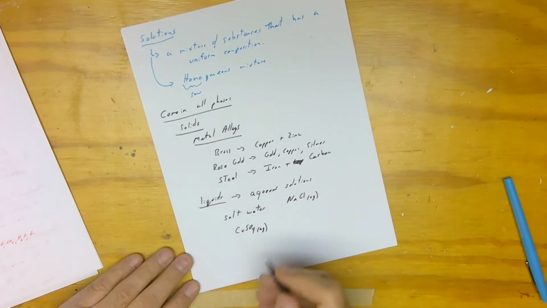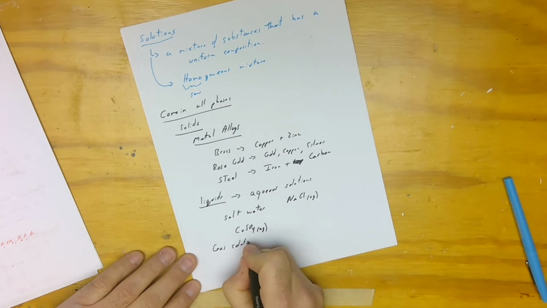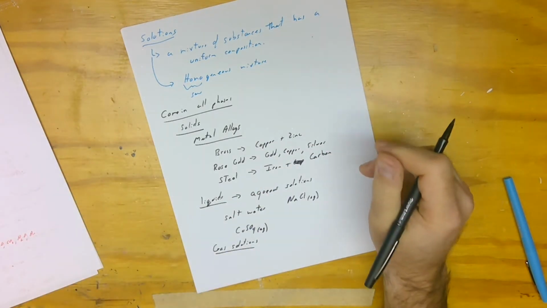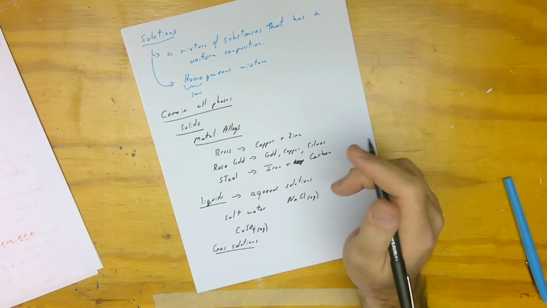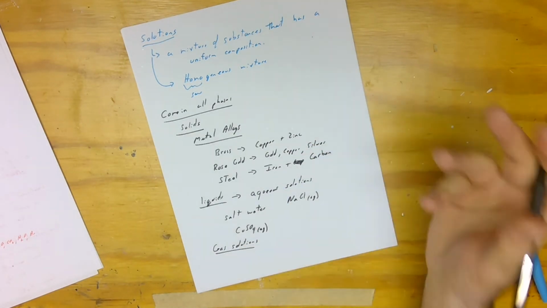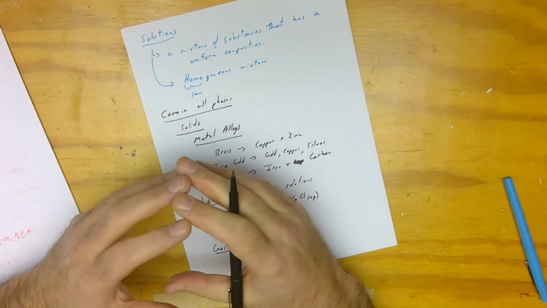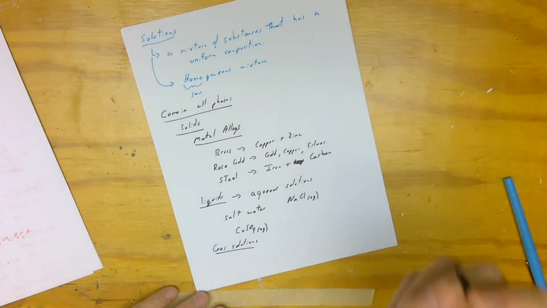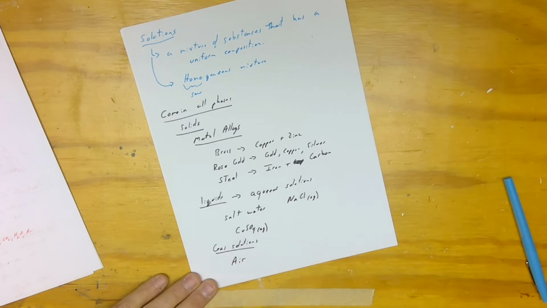And then finally we have gas solutions. If you have a mixture of gases, you're going to have a solution, because those gases are all going to expand to fill their container, and they're going to homogeneously mix. So if you have a sample of oxygen and a sample of nitrogen in the same container, those two elements are going to homogeneously mix. I guess the most famous gas solution is really just air.